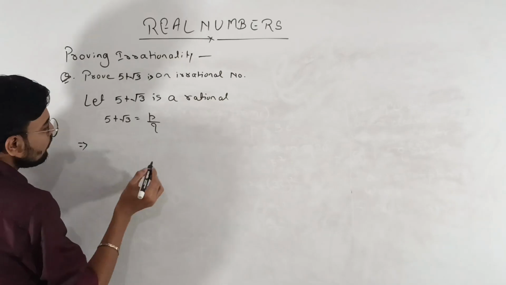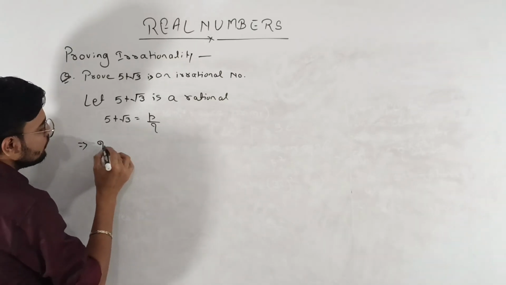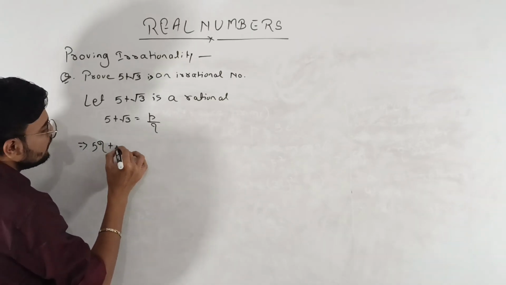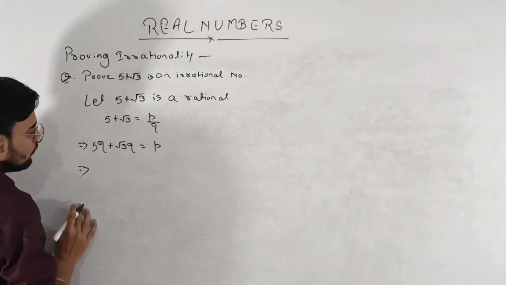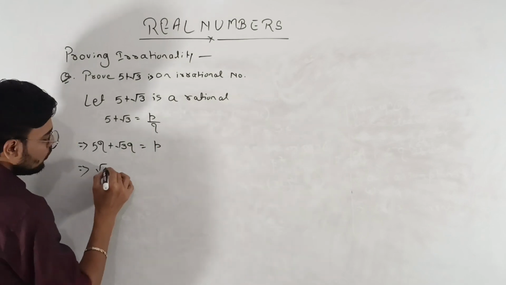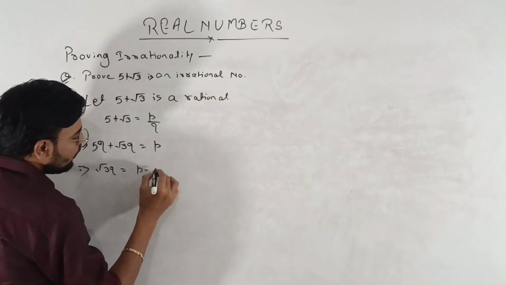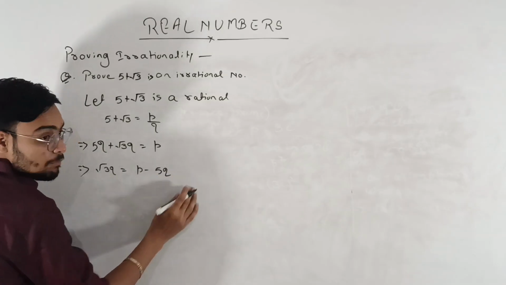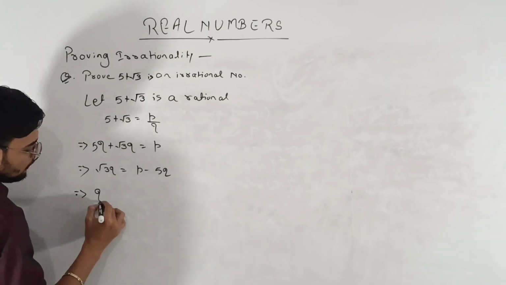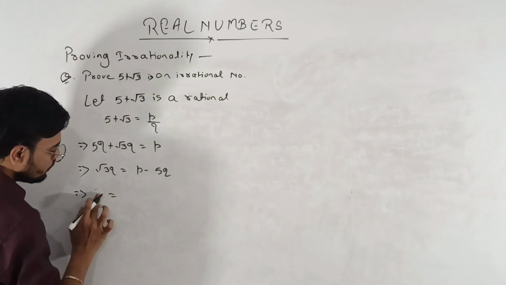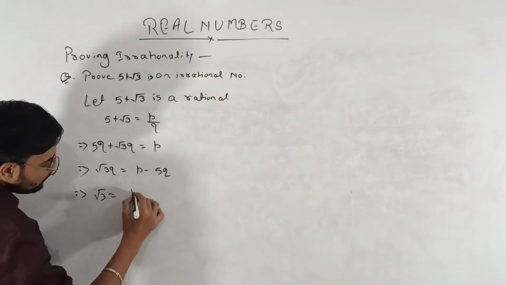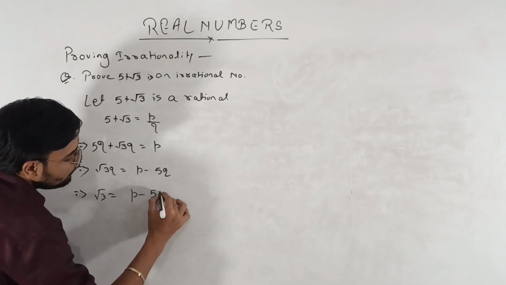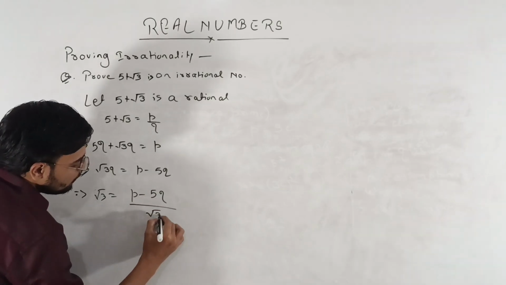Now from here you write 5q plus root 3 q is equal to p. Now from this root 3 q is equal to p minus 5q, and root 3 is equal to p minus 5q upon q.